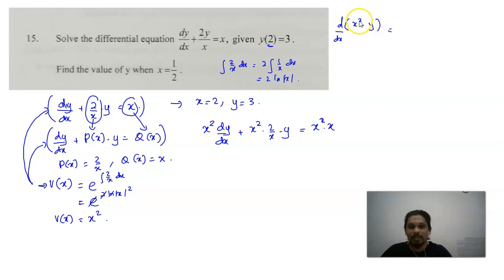So derive x squared, it gives you 2x multiplied with y, and then we copy x squared again, and it's time to derive the y with respect to x. Derive x equal to 1, and because we derive the y with respect to x, we come up with dy/dx.